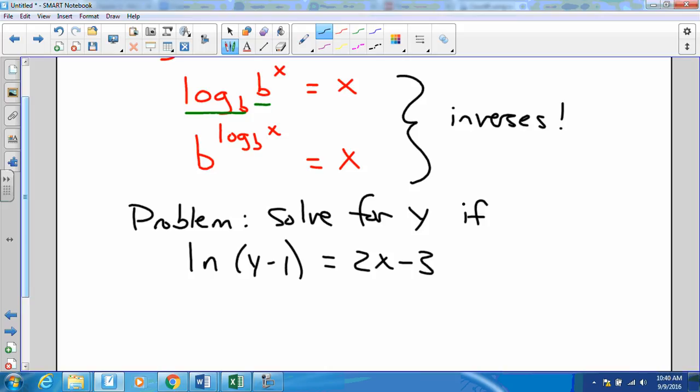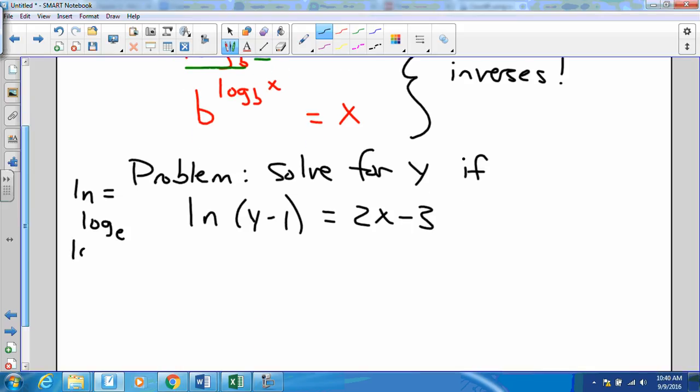Log by itself is the common log, log base 10, and ln is the same as log base e. Log by itself is understood to be log base 10 in most contexts. Weirdly, when you get out into college math, log often means log base e, but not for our purposes.